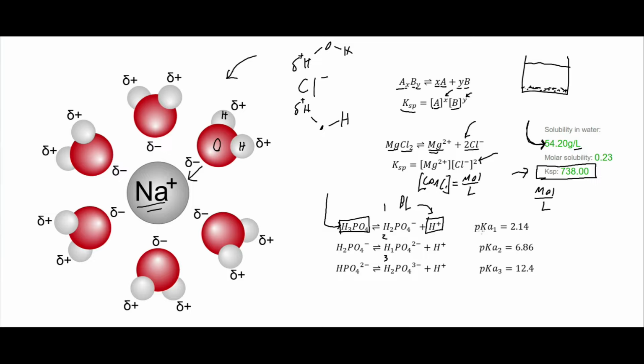This Ka is the solubility constant, and then p means we're taking the negative logarithm of it. When this number is low, that means it wants to give that hydrogen away more strongly. And as these numbers increase, it's giving away those hydrogens less and less.